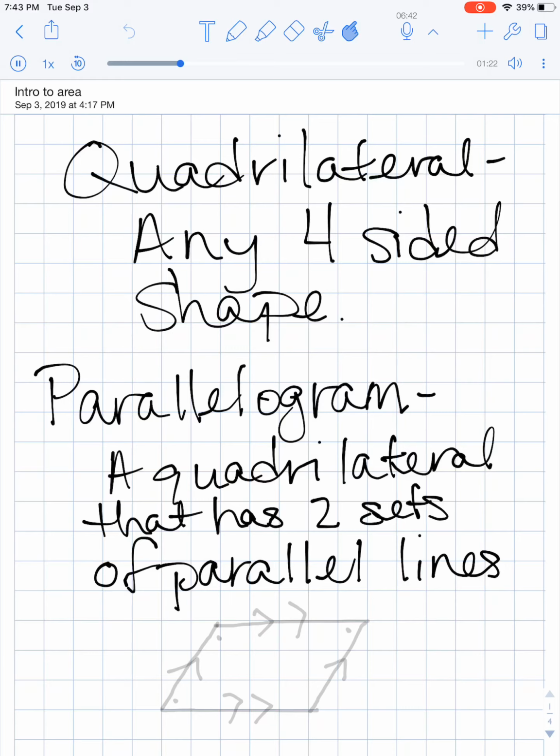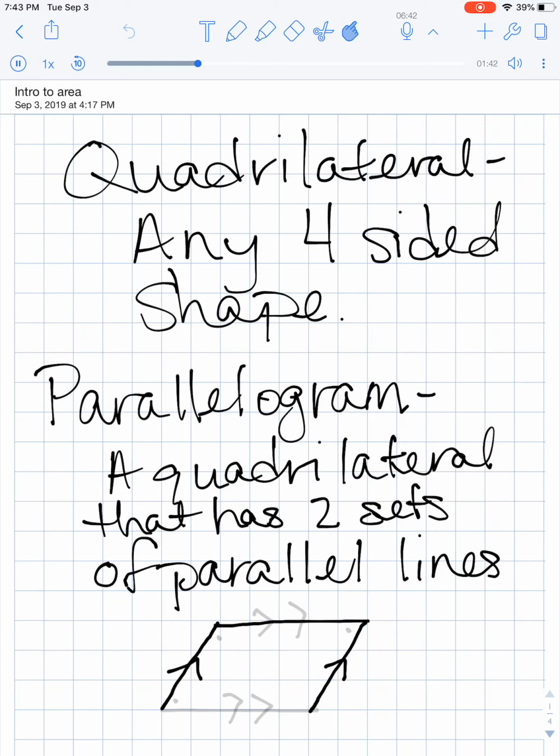And how that looks is if I were to draw a line here and a line here, those are both parallel to each other, right? So they're going to get one arrow each.